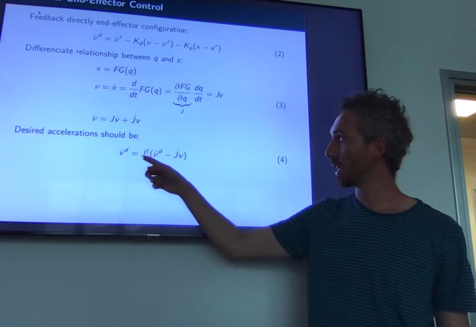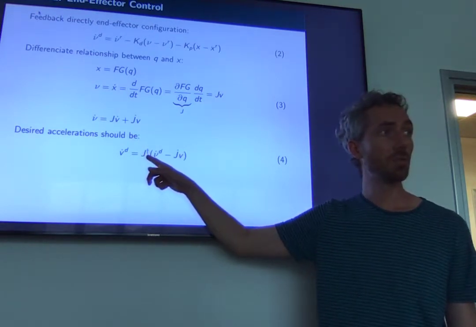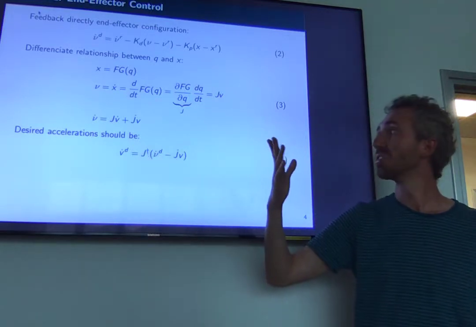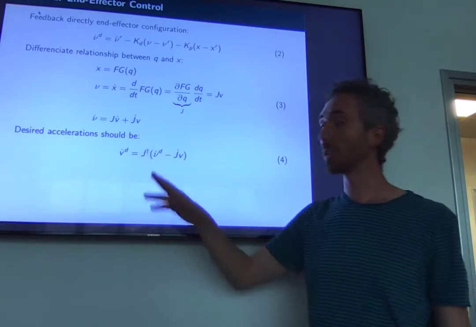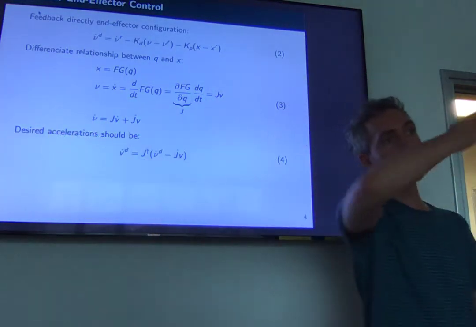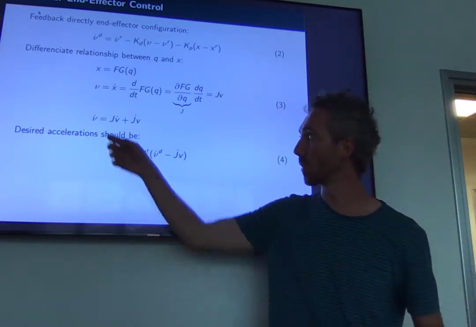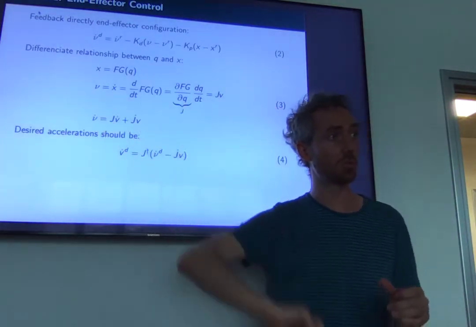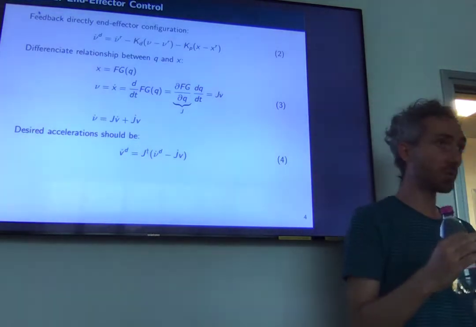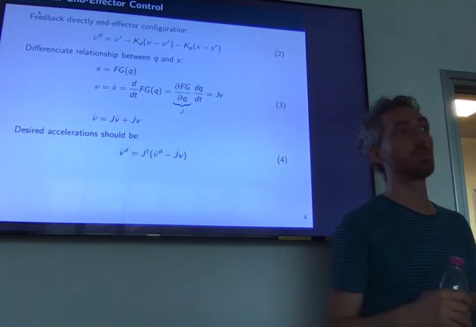Since typically J is not a square matrix, I cannot take the inverse. So what I do is take the pseudo-inverse. Luckily for us, typically J is a fat matrix, a matrix with more columns than rows, which means that this equation has infinitely many solutions. If it was a skinny matrix, with more rows than columns, it would mean that in general it has no solutions.